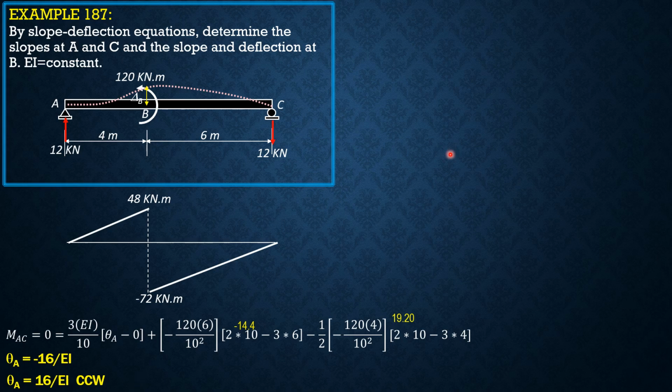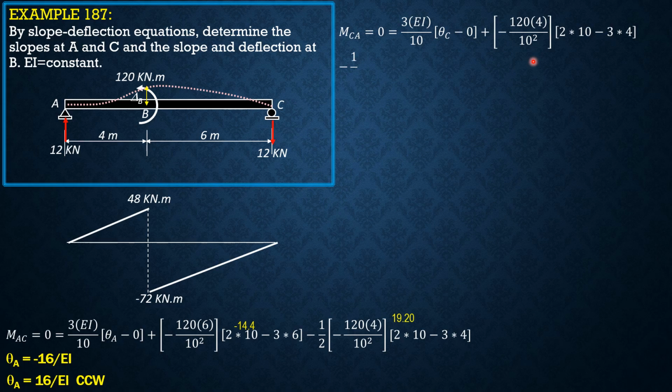Next we have MCA. So MCA is equal to 3EI over L times quantity theta C minus 0 again because chord joining C and A is horizontal, plus negative 120 times A over L square, quantity 2L minus 3A.